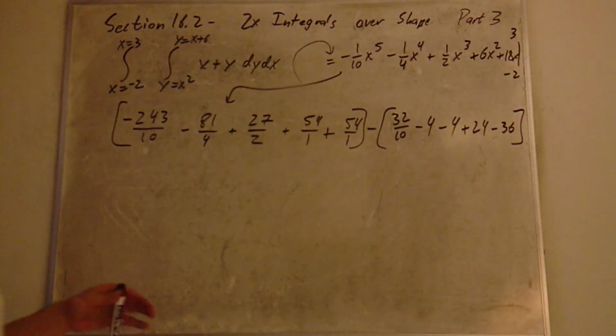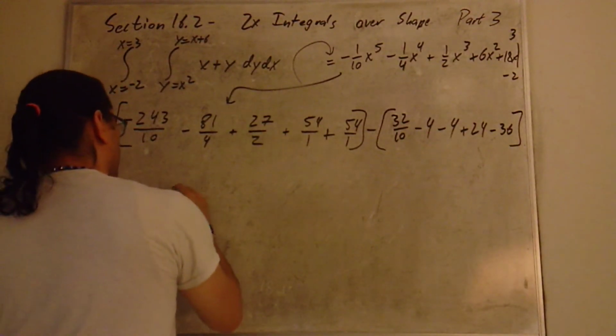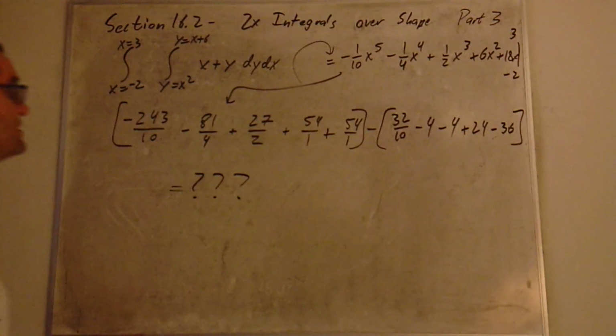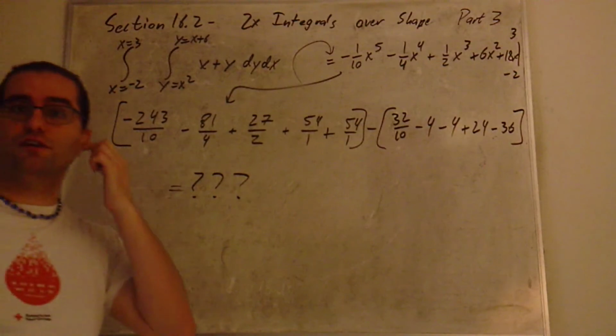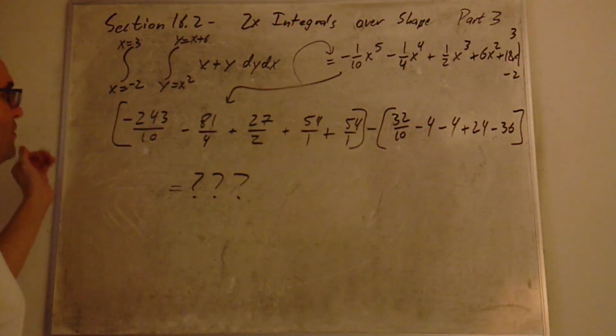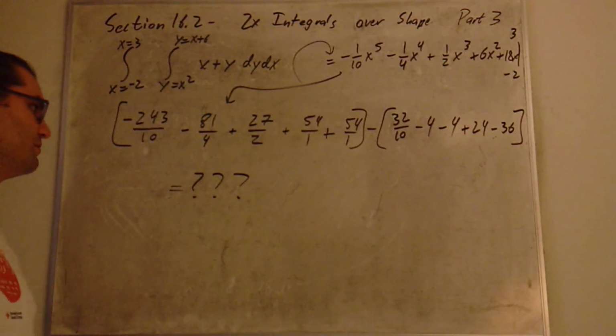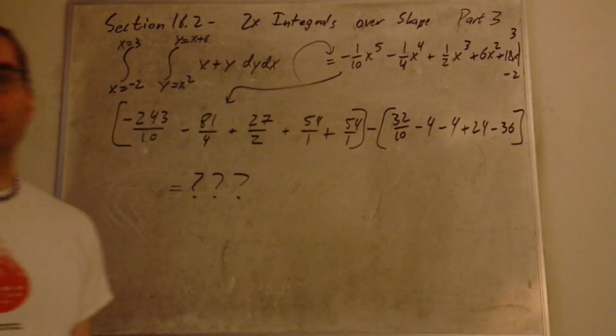If you want to know what the numerical final answer here is, then you should type all of this into a calculator, and it'll tell you a number, and hopefully that number is correct.